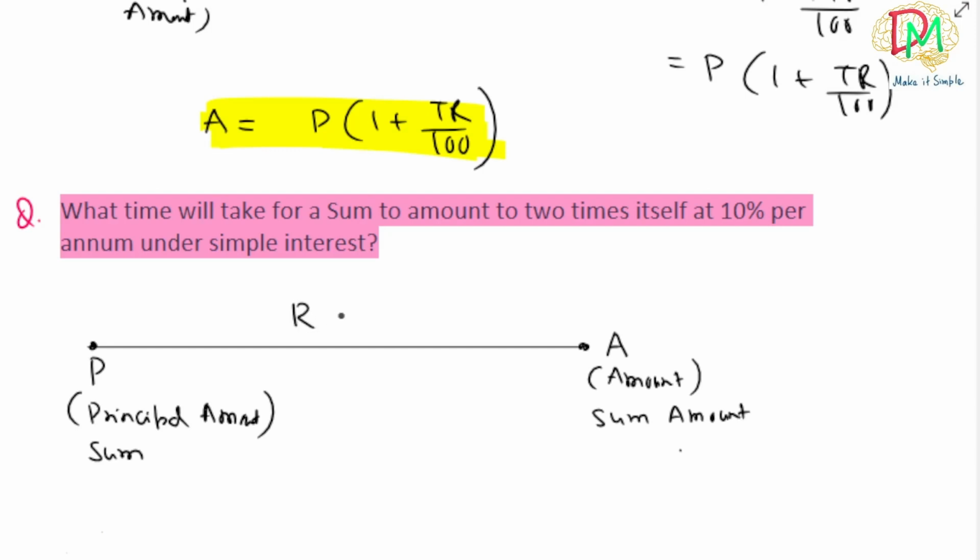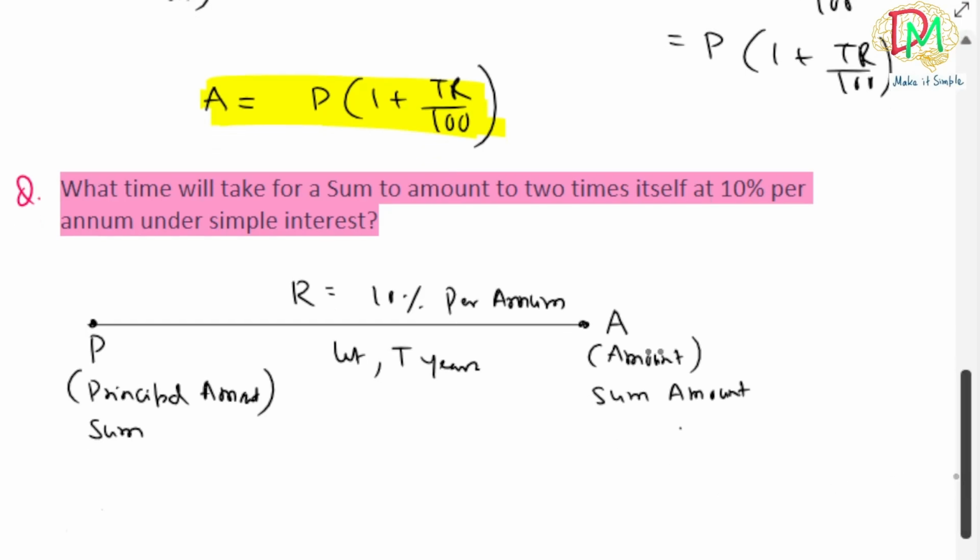Here is the rate of interest 10% per annum. Let it take t years. The amount becomes double, right?